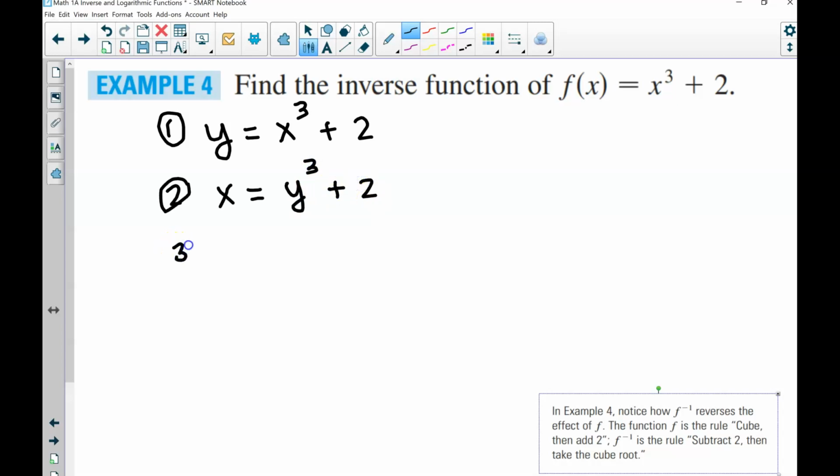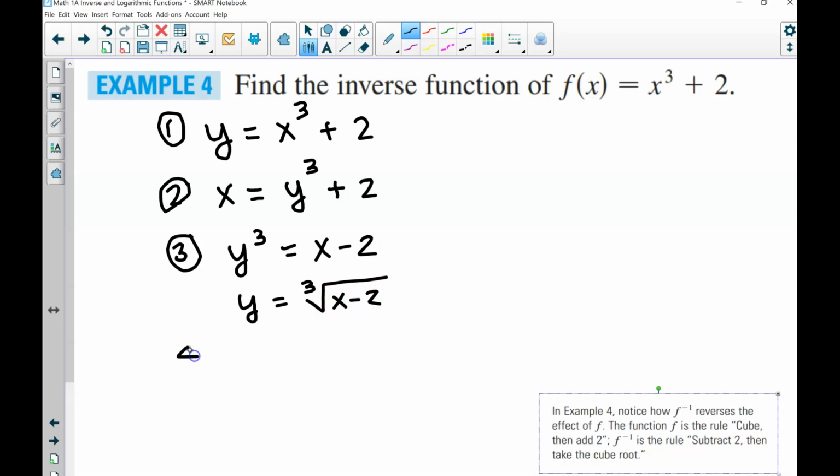And now the goal here is to then solve for y. So if we solve for y, we should get y cubed, which is equal to x minus 2. And now if we want to solve for y, we would have to take the cube root of both sides. So we would have the cube root of x minus 2.